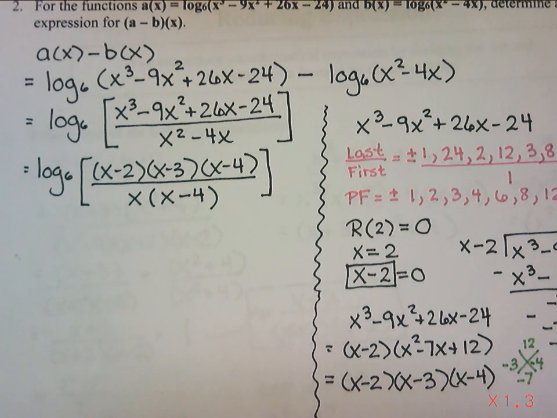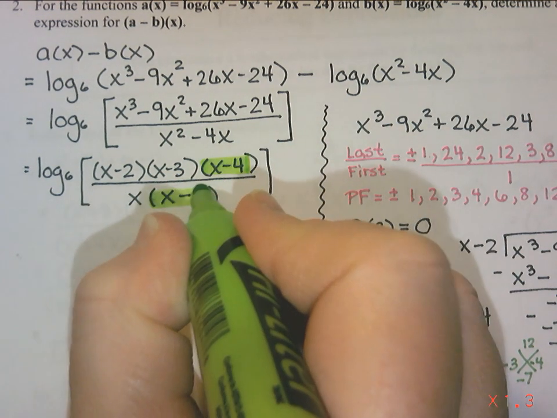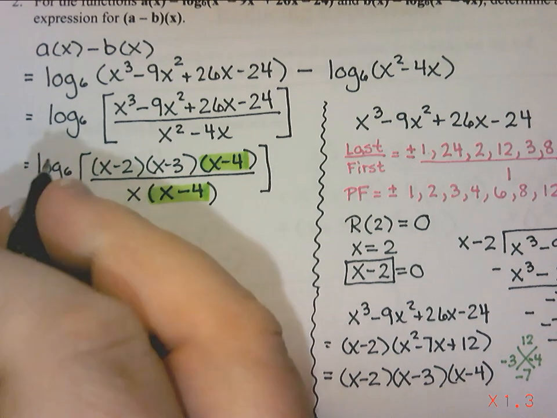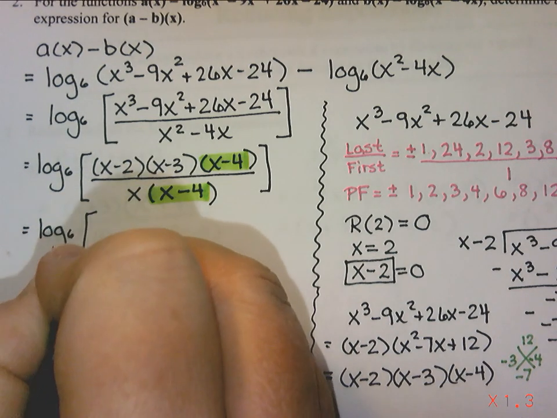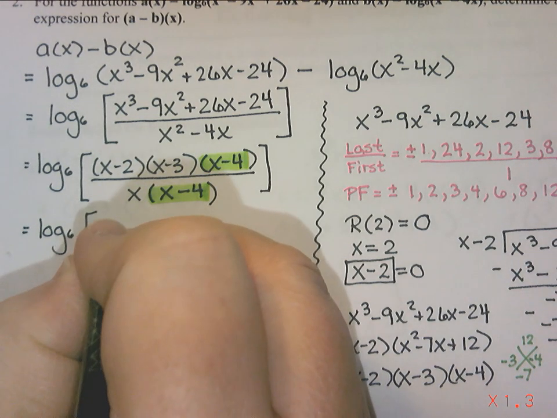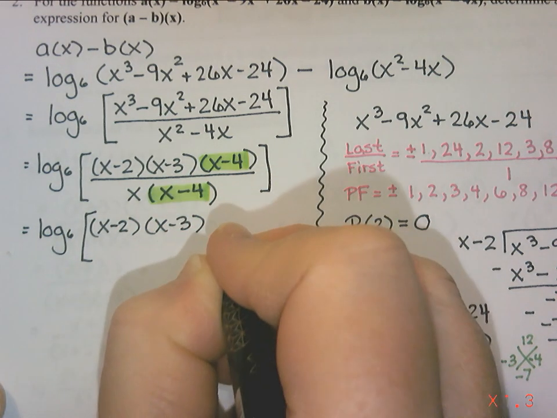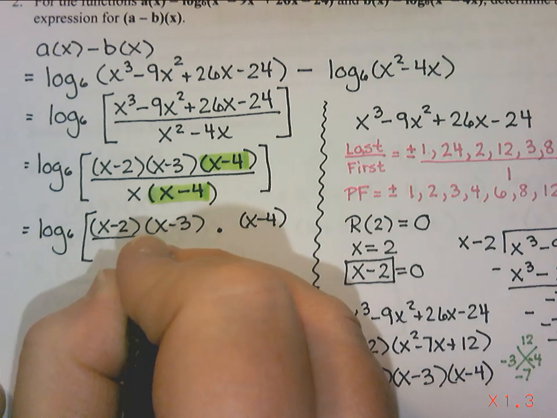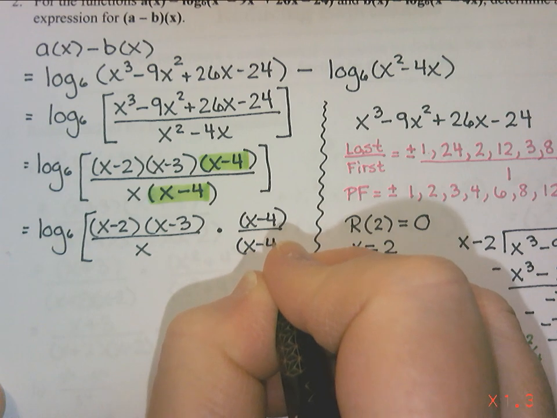All right, from here, I do see that there is an x minus 4 on the top and an x minus 4 on the bottom. So I'm going to split it up. You don't have to do this step, but it's our note, so I'm trying. So x minus 2 times x minus 3, and then times x minus 4. And then this is going to be x times x minus 4, right?